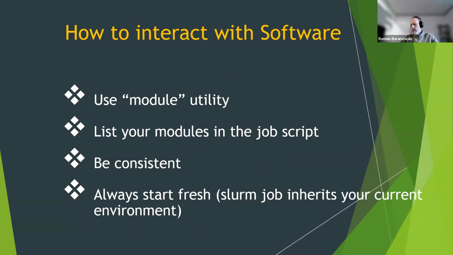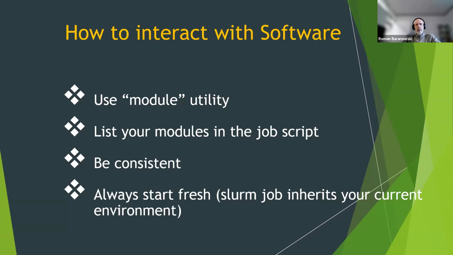Interactions with the software. Use the module utility, list your modules in the job script, and be consistent. Load the modules in a proper hierarchy so you don't have any conflicts and everything is nice and clean.